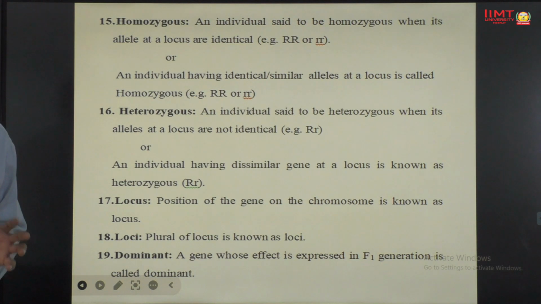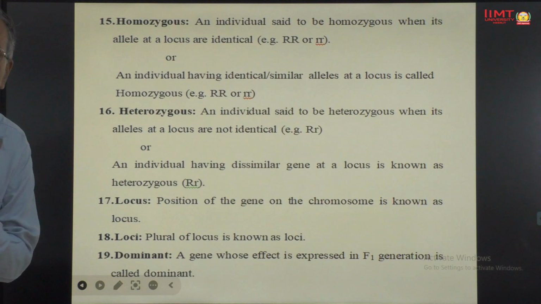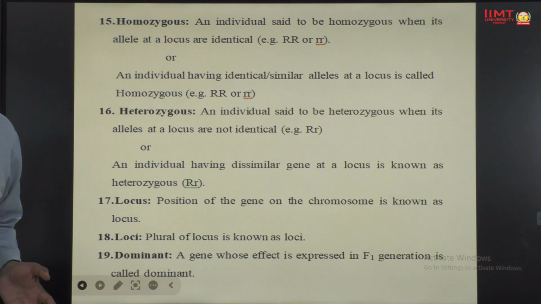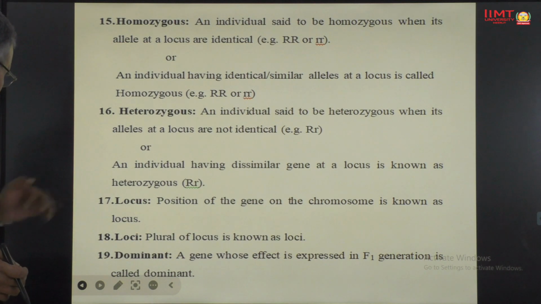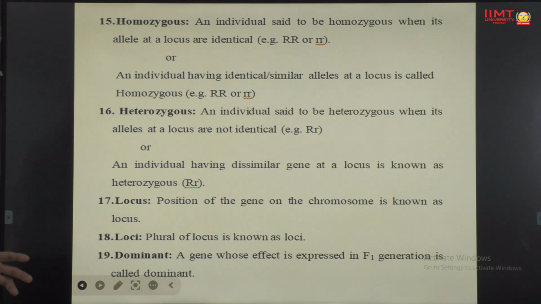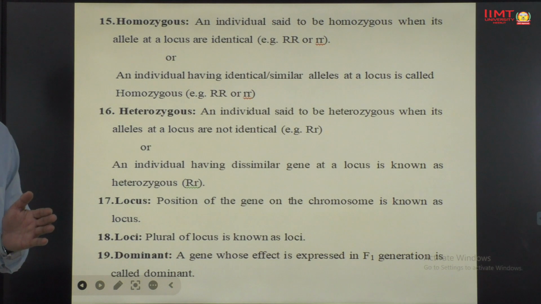The genes are located on the chromosome, and the position of a gene on the chromosome is known as locus. What is loci? The plural of locus is known as loci. What is dominant? A gene whose effect is expressed in the F1 generation is known as a dominant gene.